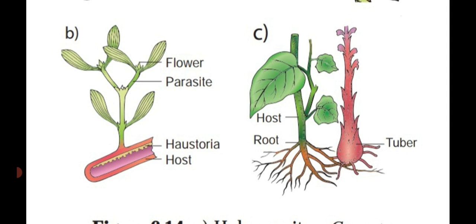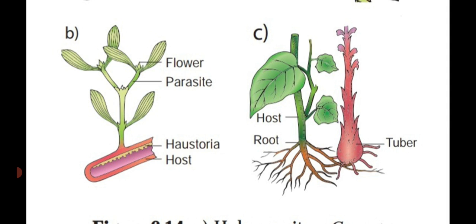The plant has a branched stem with leaves. The plant acts as a partial parasite. Leaf is there, so the green pigment chlorophyll is there. It has the capacity to prepare its own food material, but it needs water for the photosynthetic process.